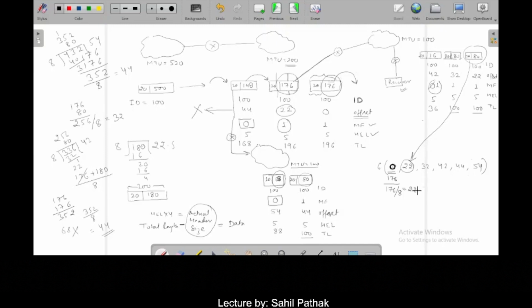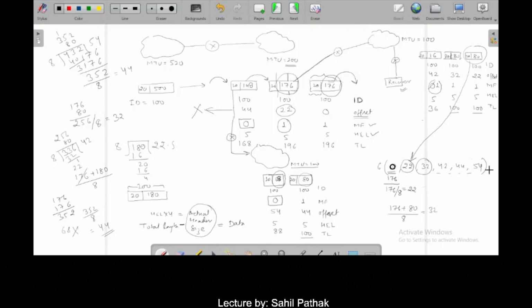Okay, so he will add up 176 plus 80 bytes for this and will divide by 8 and will check the next offset value. So this would be 22 and this will become 10. So this will give you 32. So the next fragment that it is waiting for is 32.